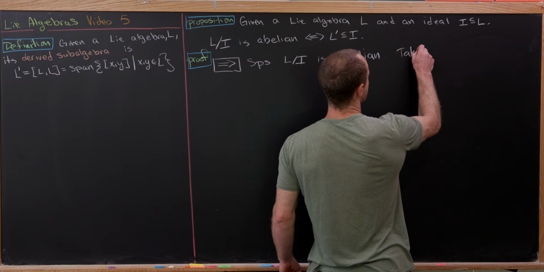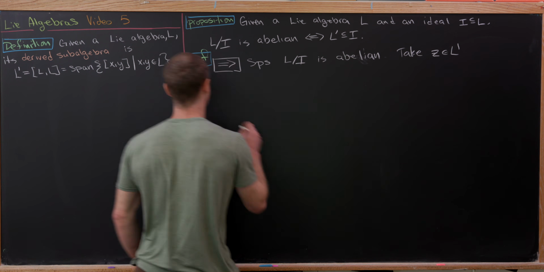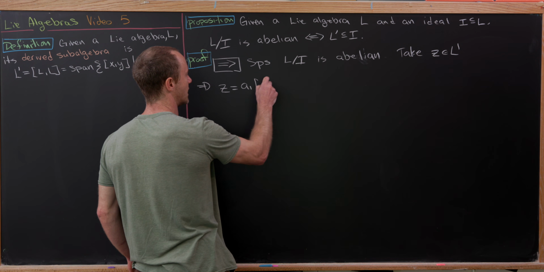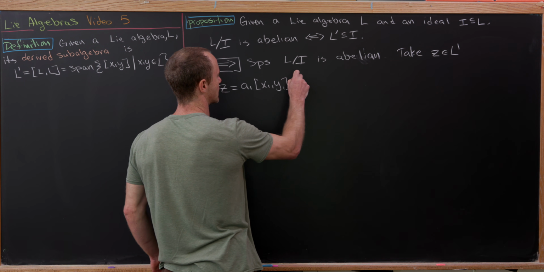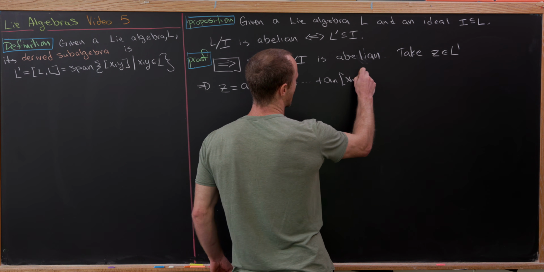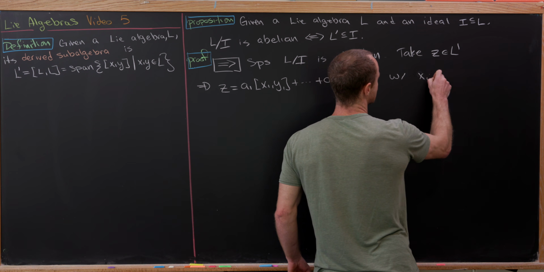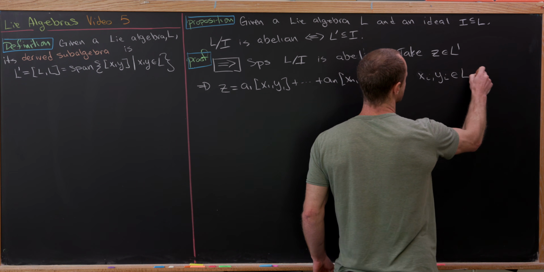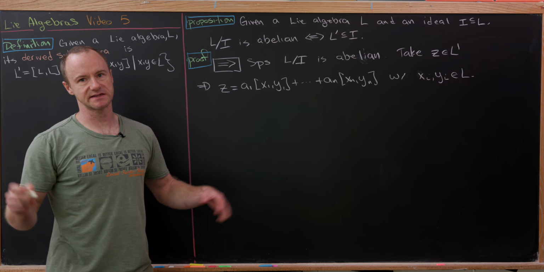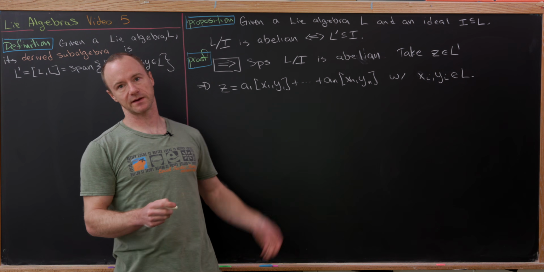So let's take some arbitrary element, I'll call it Z, inside of L prime. That means Z can be written as a1 times the bracket of x1 with y1, added all the way up to an times the bracket of xn with yn, with these xi and yi coming from L. Notice it's not a single image of the bracket, it's a linear combination of elements of the form bracket something something.